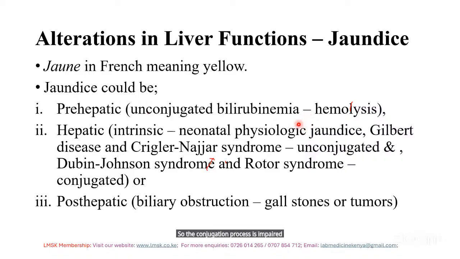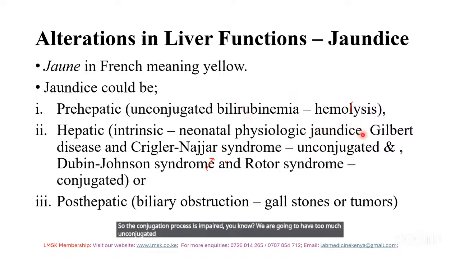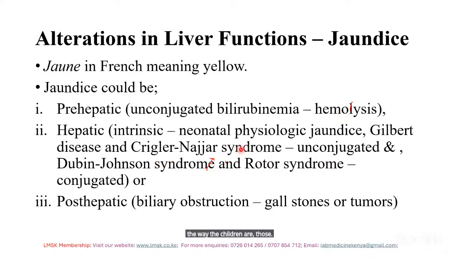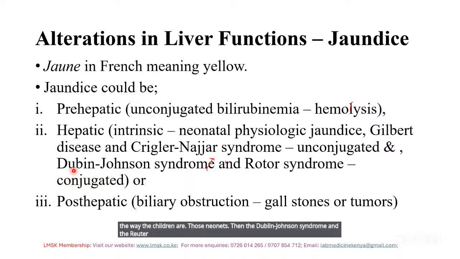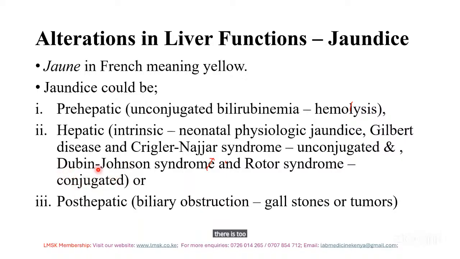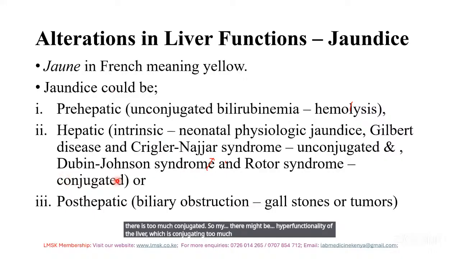We are going to have too much unconjugated bilirubin in circulation because of the way those neonates are. Then in Dubin-Johnson syndrome and Rotor syndrome, there is too much conjugated bilirubin. So there might be hyperfunctionality of the liver, which is conjugating too much bilirubin, in response to some pathological condition.